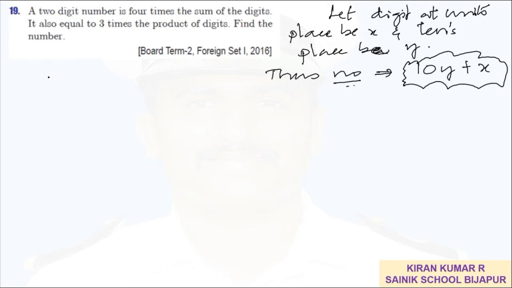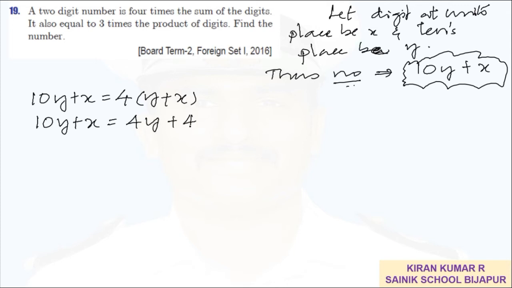According to the condition, the 2-digit number is 4 times the sum of its digits. So the 2-digit number 10y plus x is 4 times the sum of the digits, y plus x. Let me further simplify this. We'll be getting 10y plus x equal to 4y plus 4x.